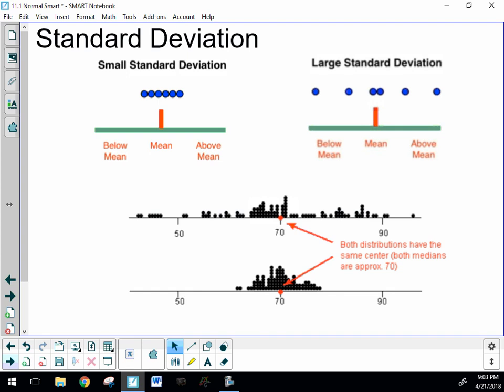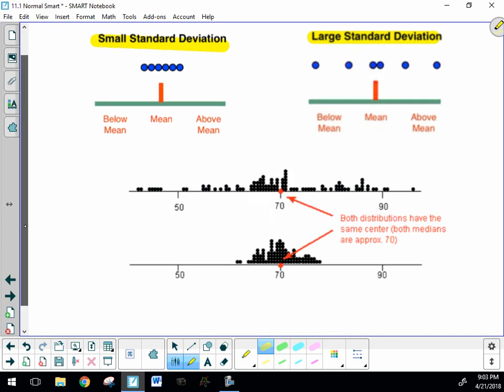Standard deviations go with those, but instead of telling you about the center, they tell you about how spread out the data is. So I have 2 box plots up at the top. This one has a really small standard deviation. It's not very spread out. This one has a large standard deviation. It's very spread out. There are two more plots down here.